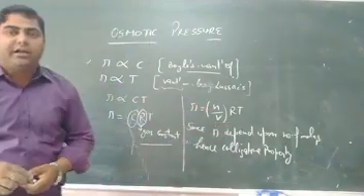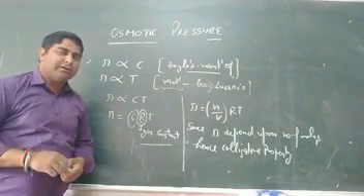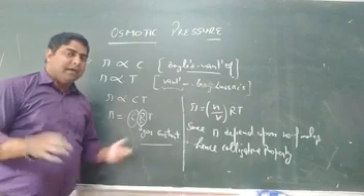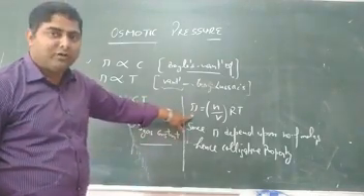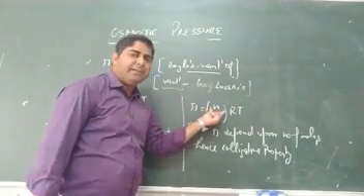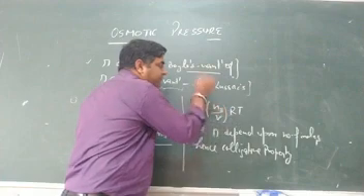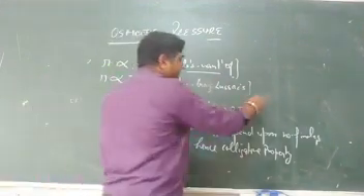Now this formula can also be used to calculate the molar mass of a non-volatile solute. How do we apply this formula to calculate the molar mass of a non-volatile solute? Let's substitute the value of n. We write it as n_B, number of moles of non-volatile solute. And what is the formula?